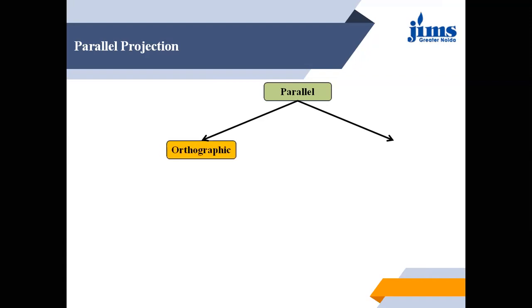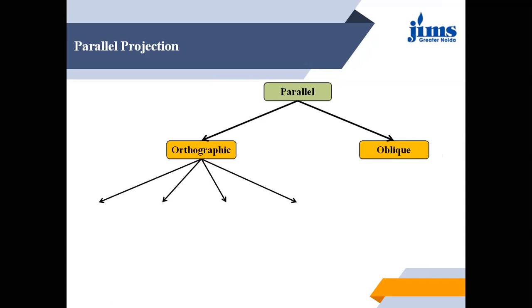Parallel projections are also basically of two types. The first is orthographic and the second is oblique. We discussed this also, but when we discussed projections, that was complete about projection. Here I am telling the classification of parallel projection separately.